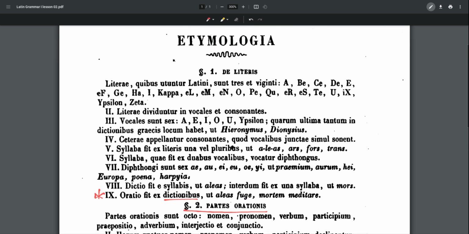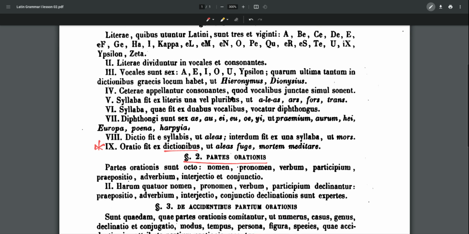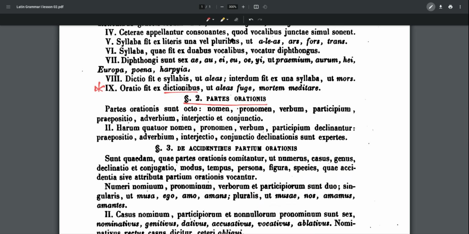And really, you should know that this word that we saw at the top of the page, etymology, is really the study of the parts of speech. So etymology is the study of the parts of speech, and here in lesson 2, we learn what the parts of speech are.